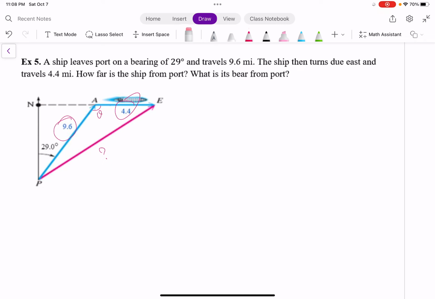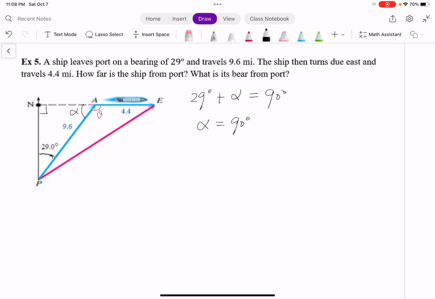Okay, let's see. In this image, 29 plus this angle, I say this is alpha. 29 degree plus alpha equals 90, because this is a right triangle, the sum of 29 and alpha is 90. Can you solve for alpha?